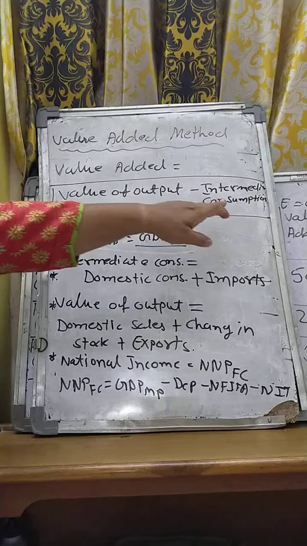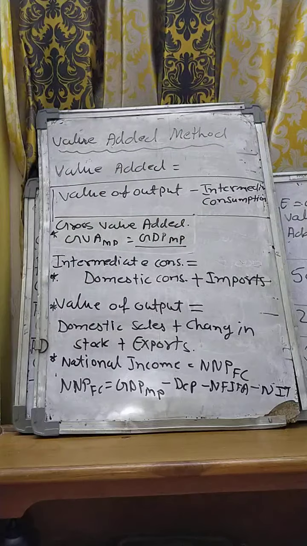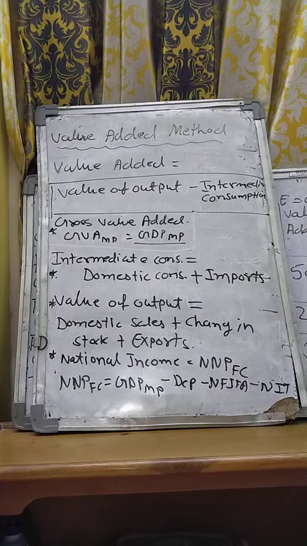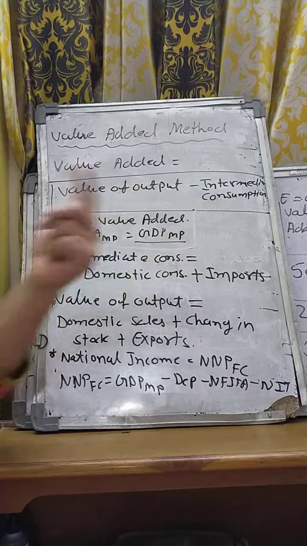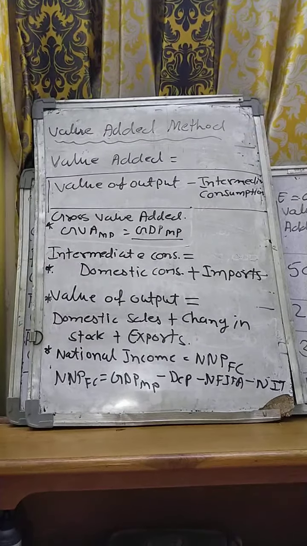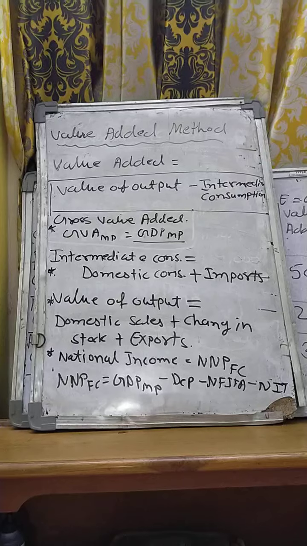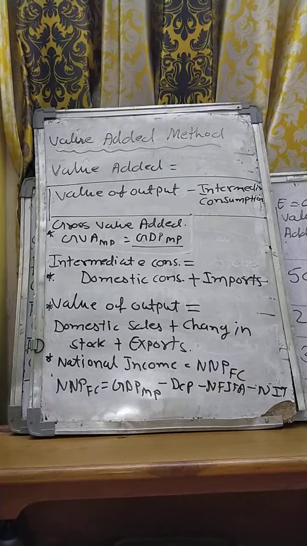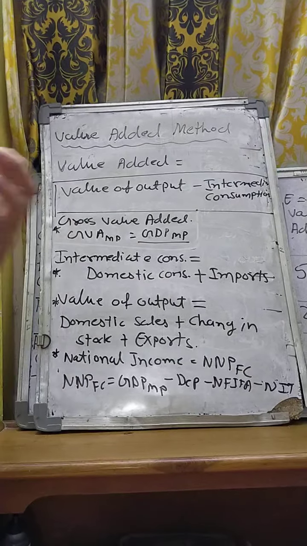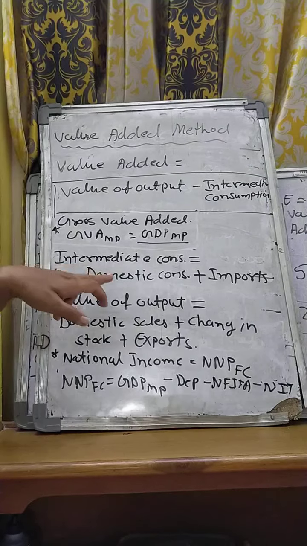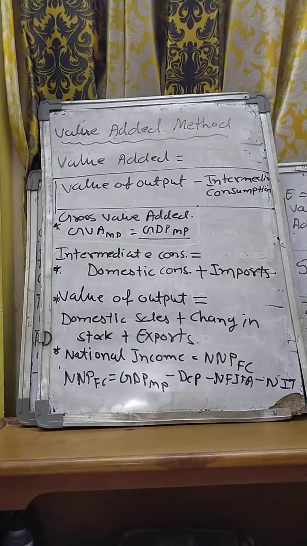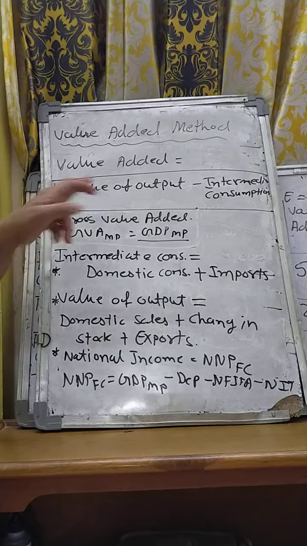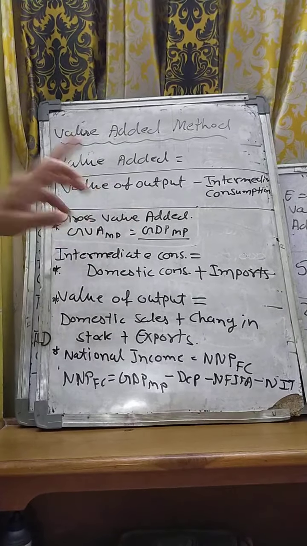Now in this sum, what do we mean by intermediate consumption? Domestic consumption plus import. We are talking about national income, so keep in mind, national means in our country and from outside also. So domestic consumption plus import equals intermediate consumption. Another point: what do we mean by value of output?